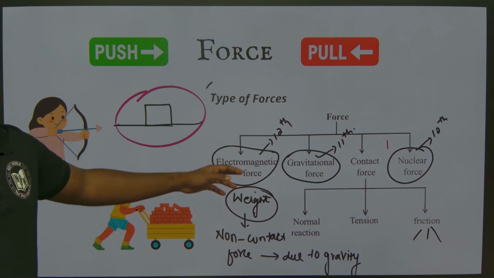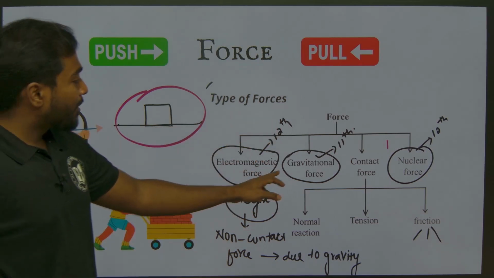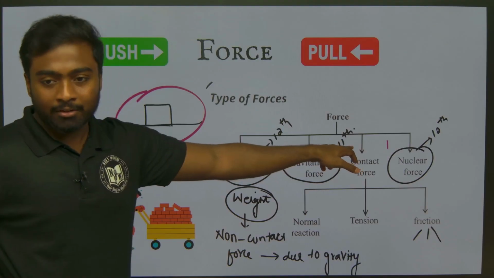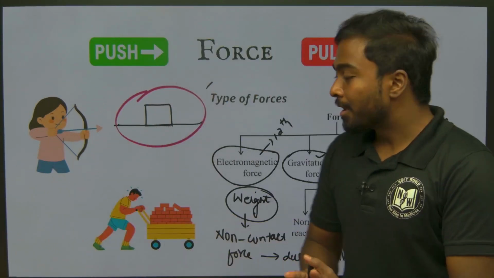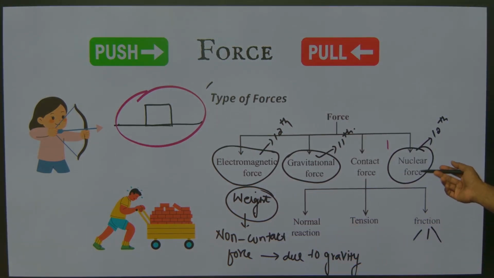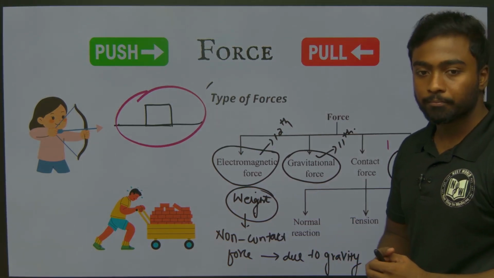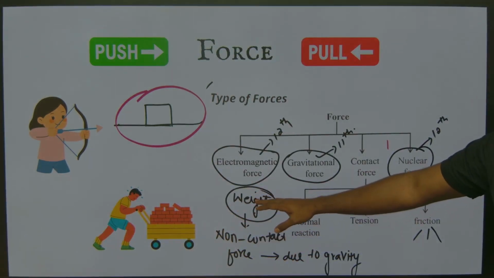Electromagnetic, that's what I told, will be discussed in class 12th. The gravitational we will discuss in class 11th, like what is particularly about the gravitational. So basically we will see due to gravity in this chapter, and nuclear force also will be discussed in class 12th.